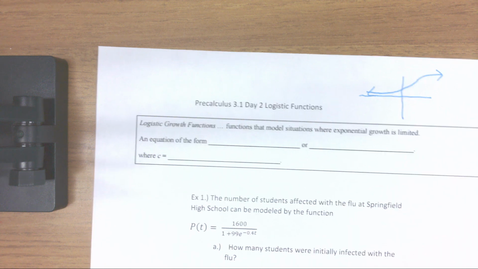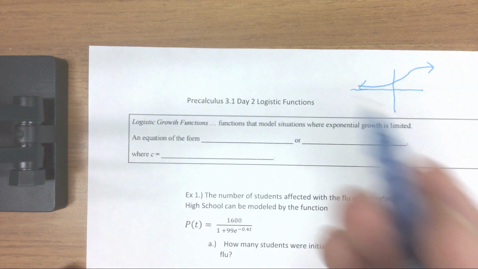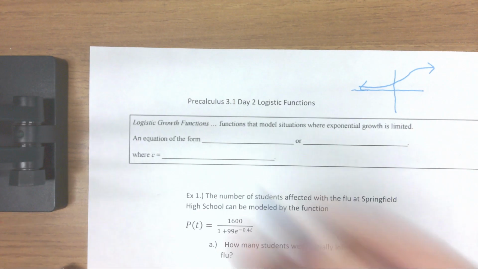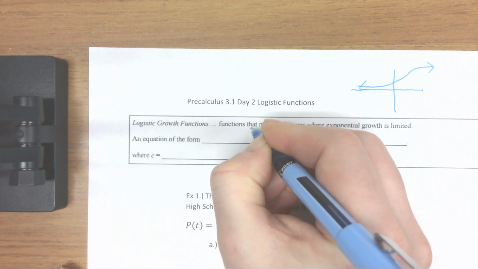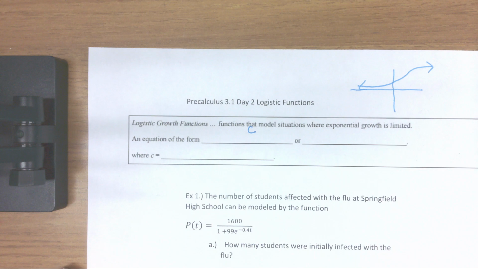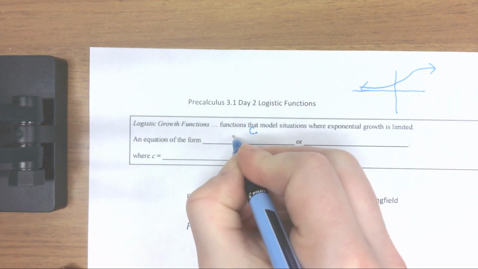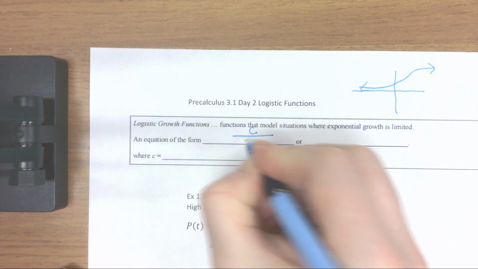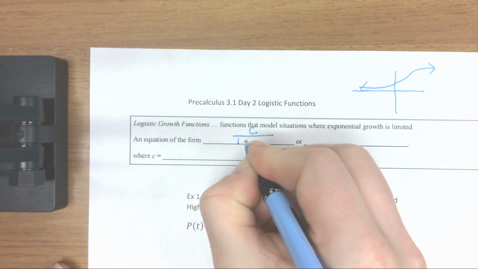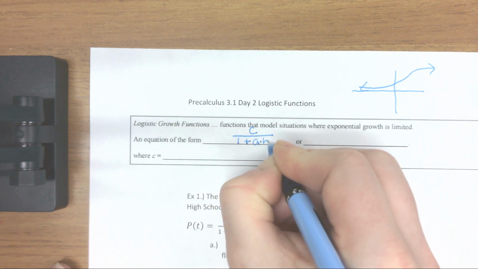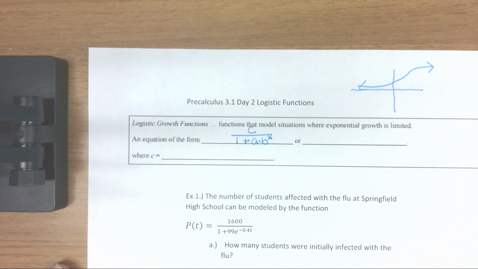There are two different equations you might see. One of them is going to be a C on top over 1 plus A times B to the X. Understand that A is not the initial value in this case, this is not exponential, and B is not the growth rate either.